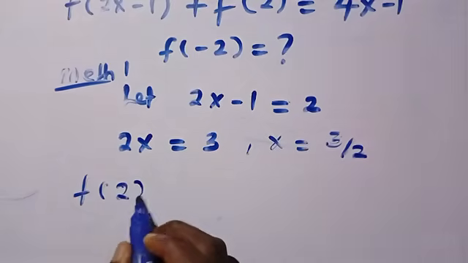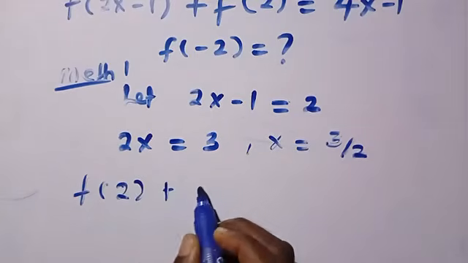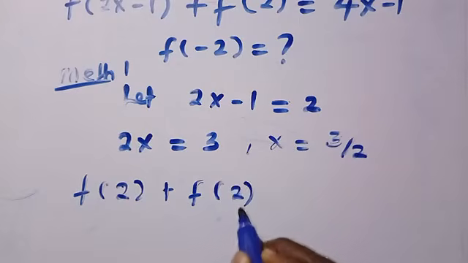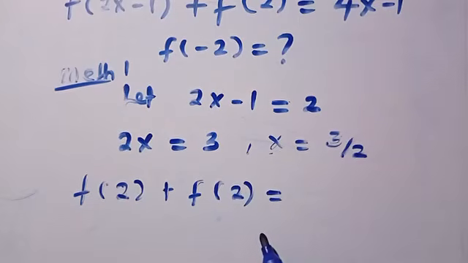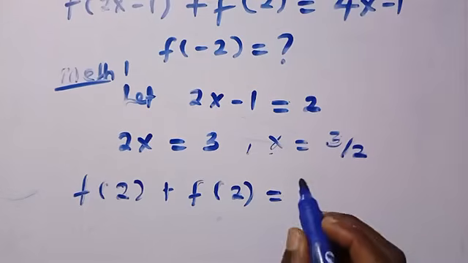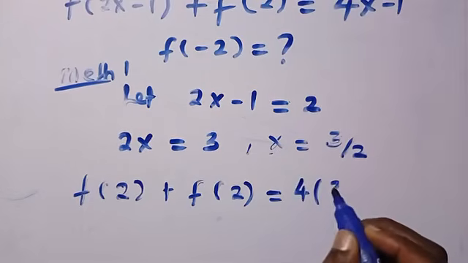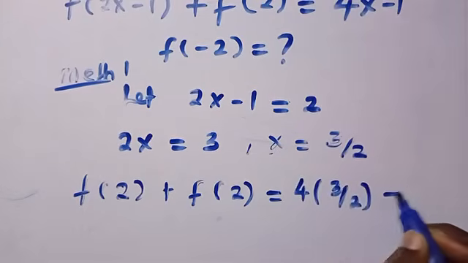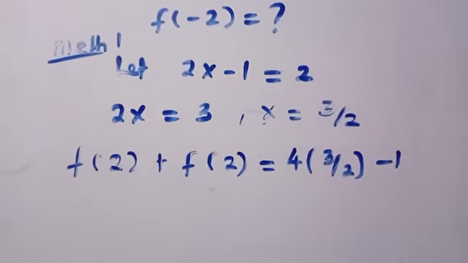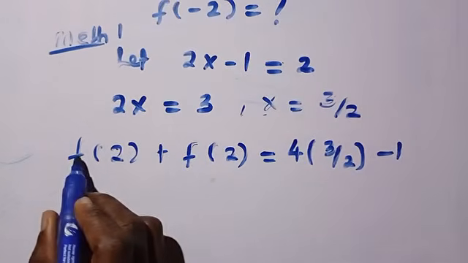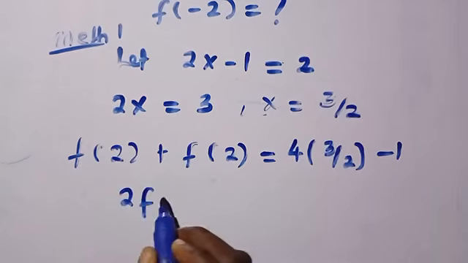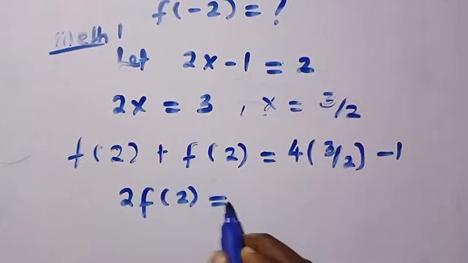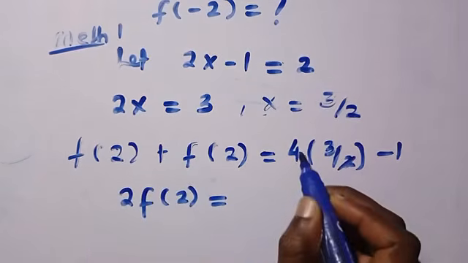Let's just call this one f of 2 plus this is also f of 2 equals, where x is given as 3 over 2, 4x minus 1. We have 4 into bracket of 3 over 2 minus 1. Having this, we have f of 2 plus f of 2, this is 2f of 2 equals 2 into 4.